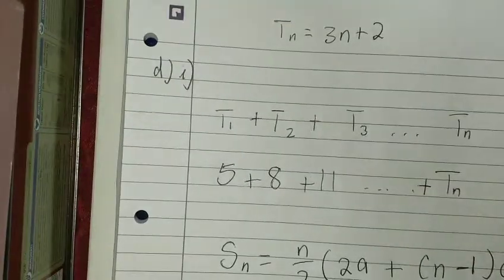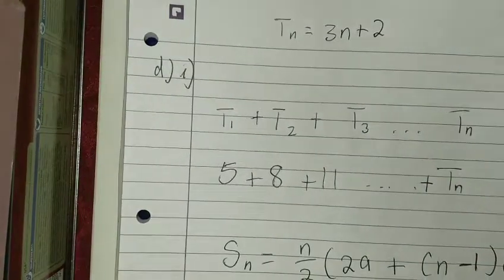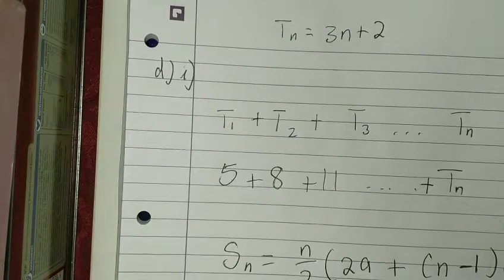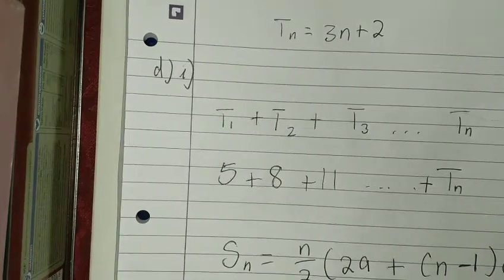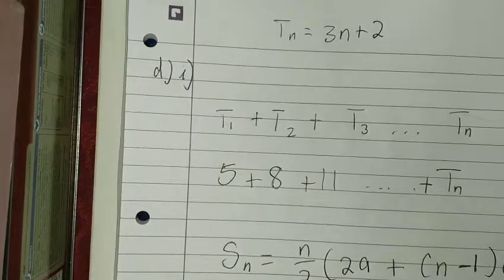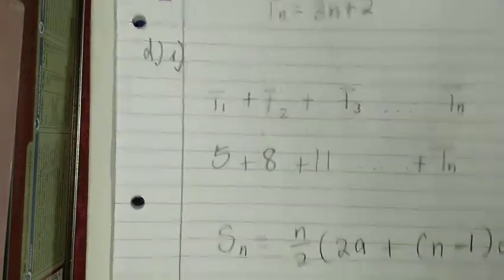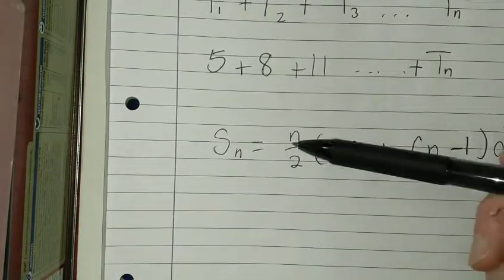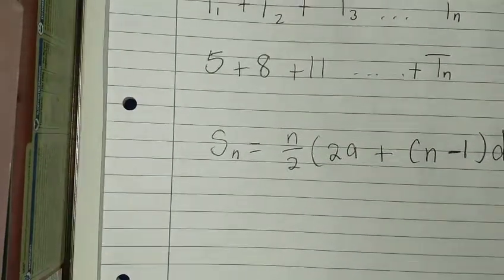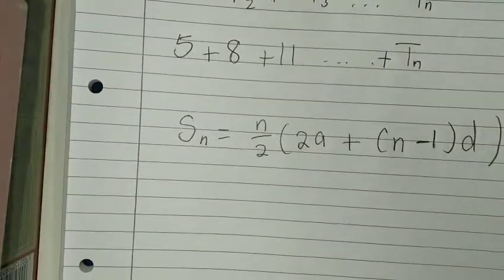It's asking for a formula for the number of tiles needed to build the first n patterns. So we're going to have it in terms of n, because it's the first n patterns.